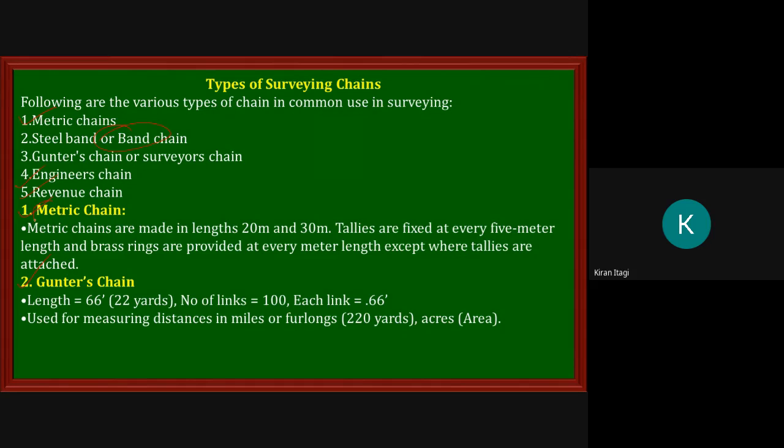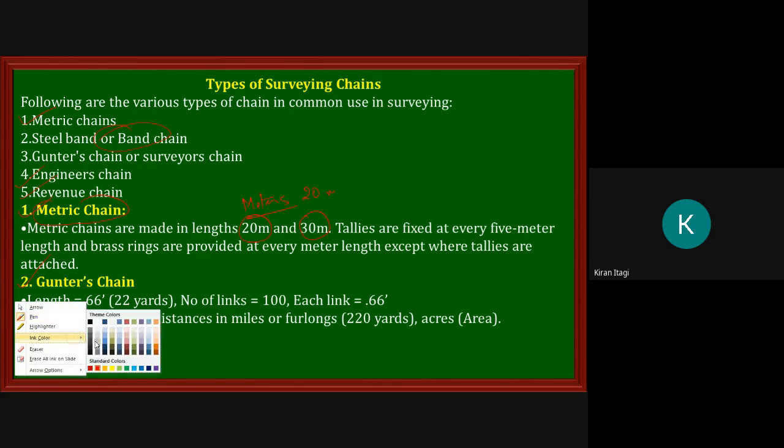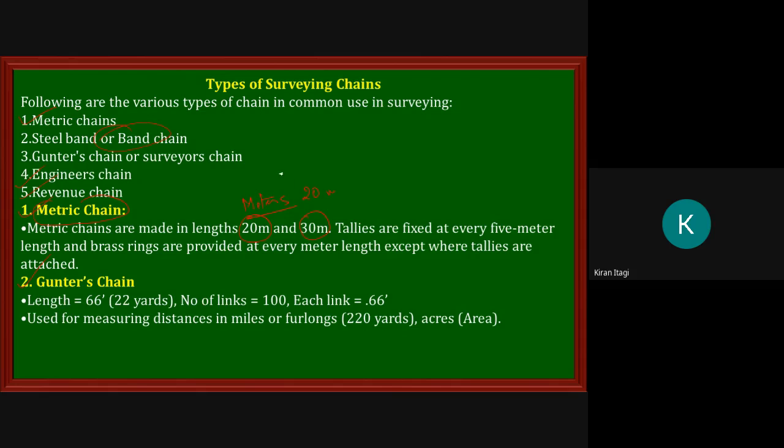What is a metric chain? Metric chains are made in lengths of 20 meter and 30 meter, in terms of meters.